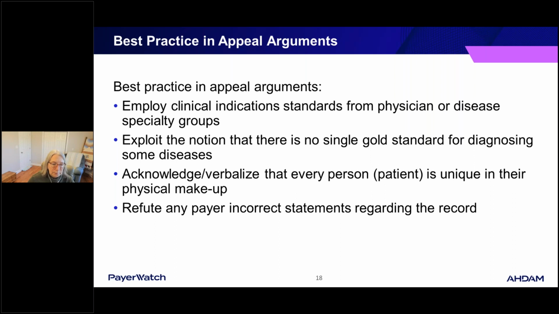Exploit the notion that there is no single gold standard for diagnosing some diseases. Some diseases you can say, okay, I did a blood test, yes, you got this disease. But a lot of these have a set of different clinical indicators that help you determine, is it pneumonia, is it not pneumonia?